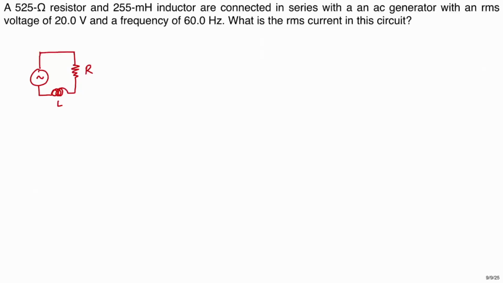All right. What do they want to know in this problem? Current. Well, we just did this, right? V equals I times Z, which means my current is going to be the voltage divided by the impedance. We know the voltage, right? 20 volts.